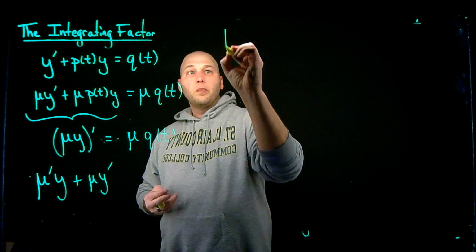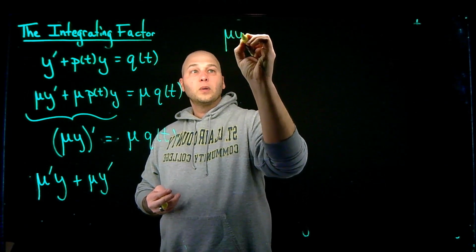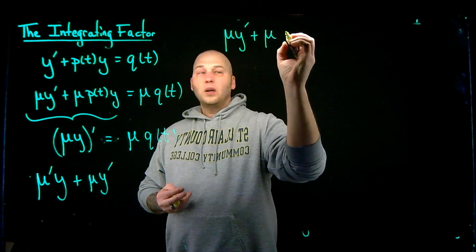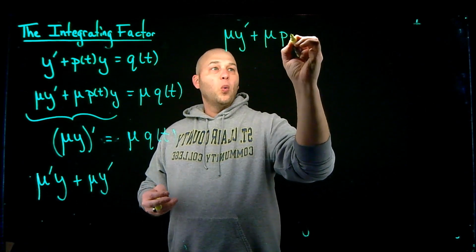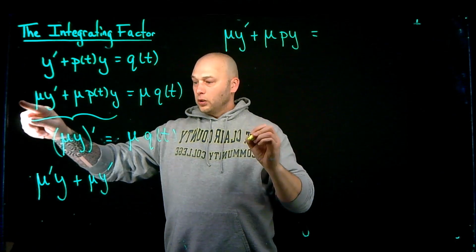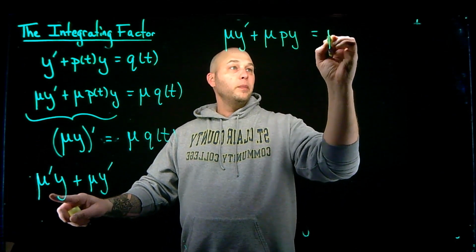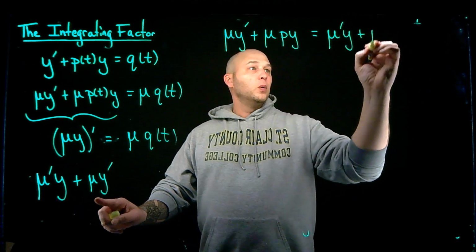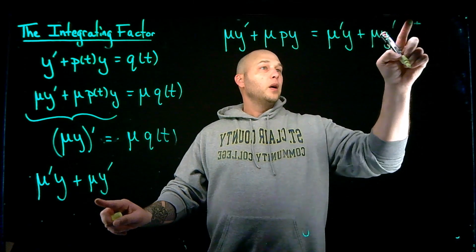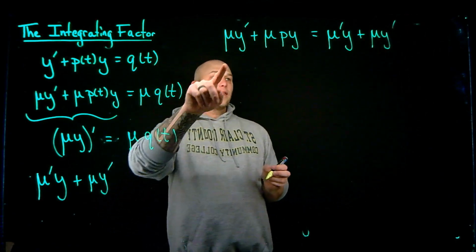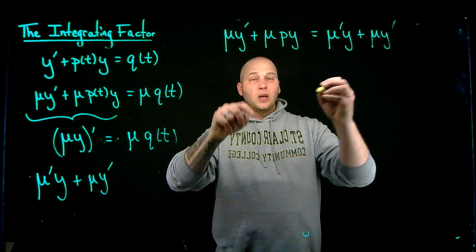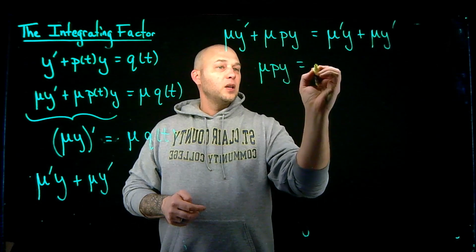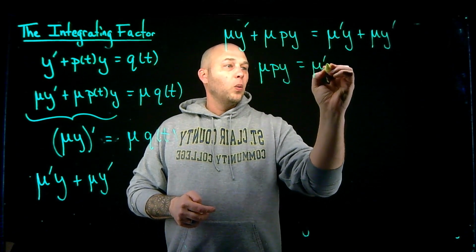So I would have mu y prime plus mu, I'm just going to write that as p y, is equal to, down here, mu prime y plus mu y prime. Notice that both sides of this have a mu y prime, so I can cancel those. So that means I've got mu p y is equal to mu prime y.